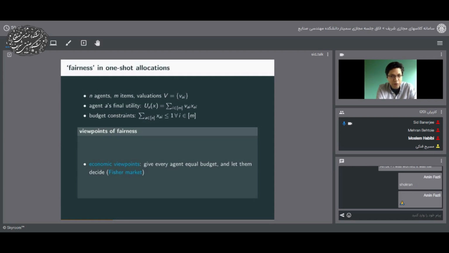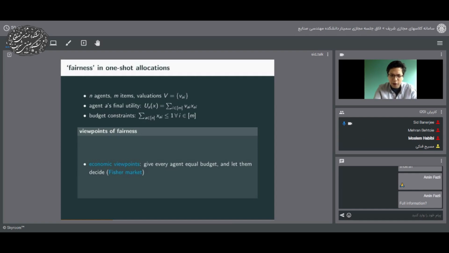They can discuss with each other, they can convince each other who wants what, and they can pay for that. By doing this, you will come up with prices in this marketplace, and then people pay, but they have a fixed amount of currency, and they buy whatever they can using these prices. In economics, this concept is sometimes called the Fisher market.